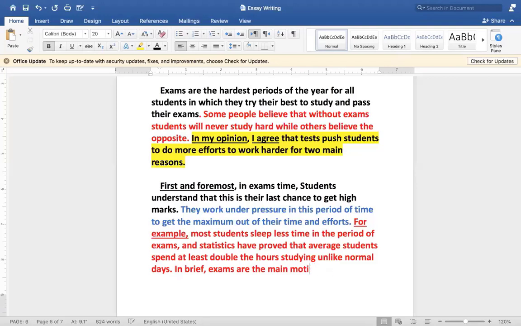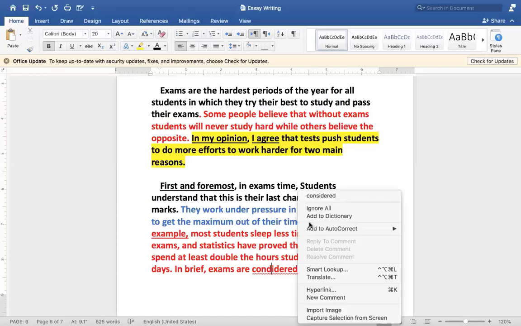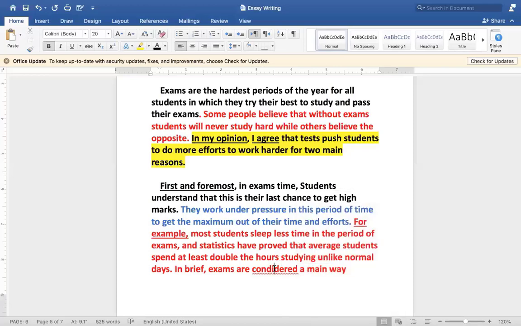Yeah, exams are considered a main way to make students work harder on their studies.